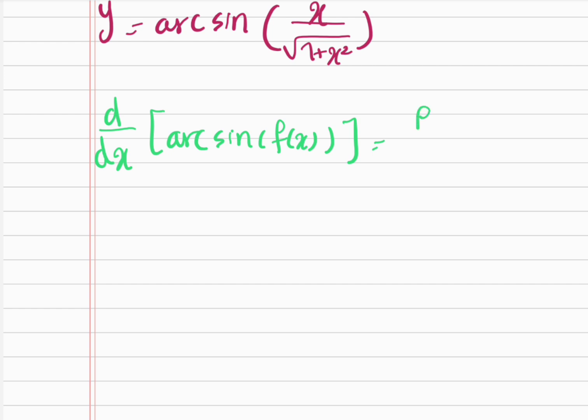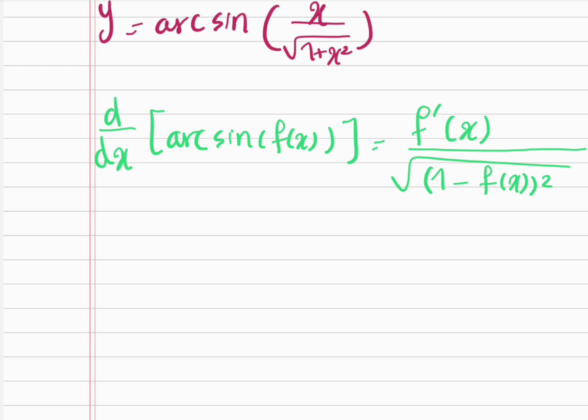Then it's equal to f dash x over the square root of 1 minus f of x squared. This is the method you can always use to find the derivative of arcsine of any function. And here it's just the wrong bracket, so the bracket is actually here: 1 minus f of x squared.